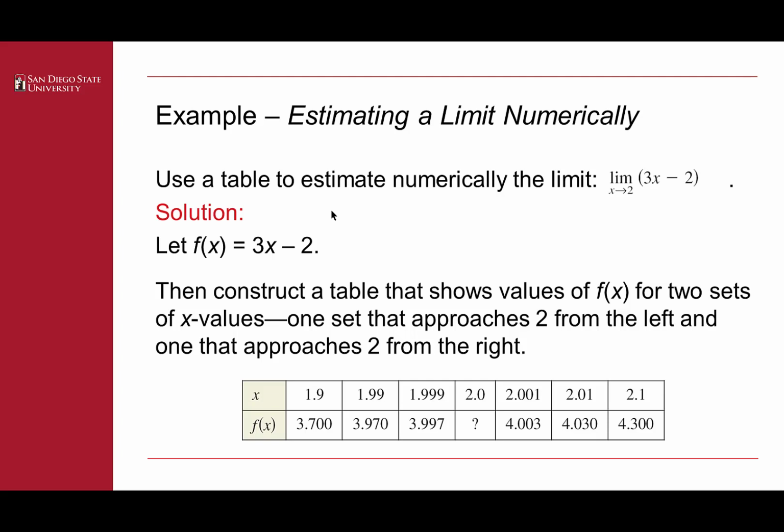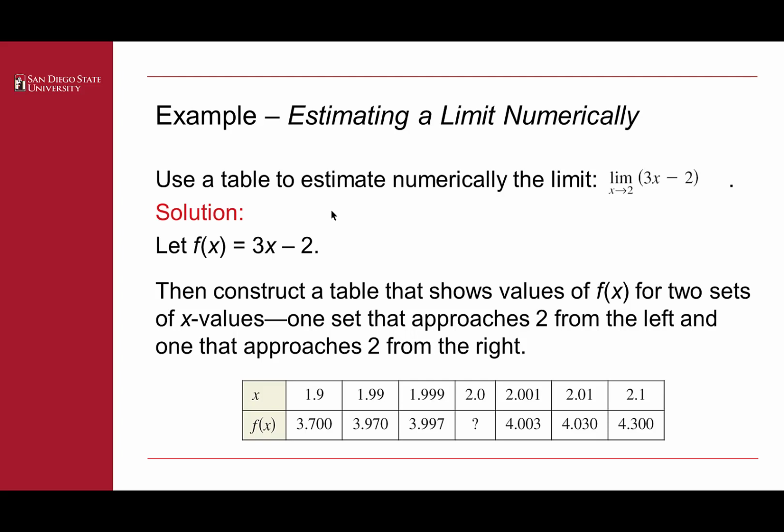Here f of x is 3x minus 2, and then we construct a table that shows the values of f of x, so y values, for two sets of x values, one set that approaches 2 from the left side and one that approaches 2 from the right side. So basically what we do is we just give numbers for x and calculate the result for f of x.